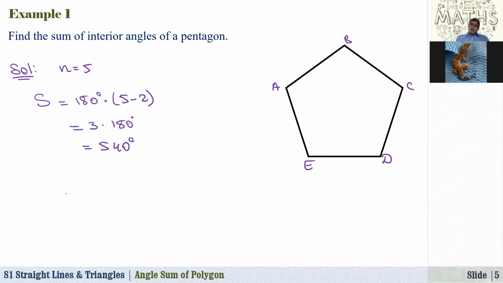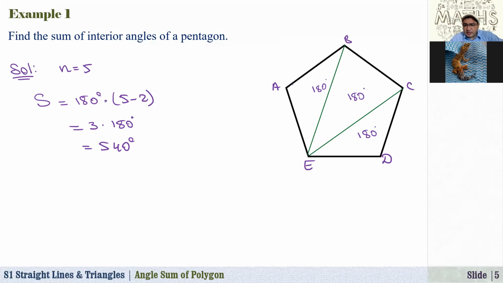And also, if you wonder why it is so, we can just draw diagonals. For example, if I draw this diagonal from here to here and from here to here. See here, now it is divided into 3 parts, right? So the sum of the interior angles of the first triangle is equal to 180. The second triangle, also 180. The third one, 180.